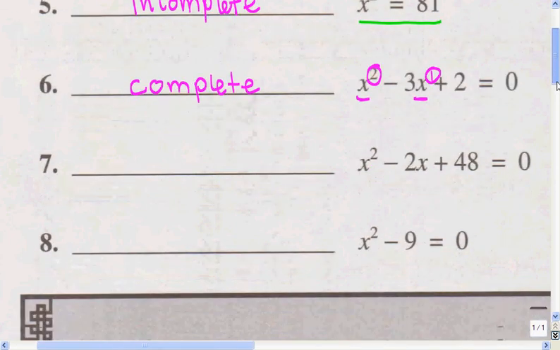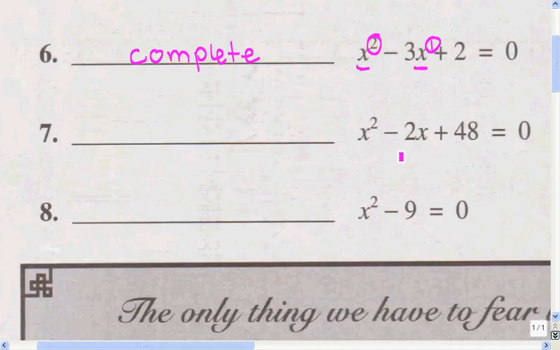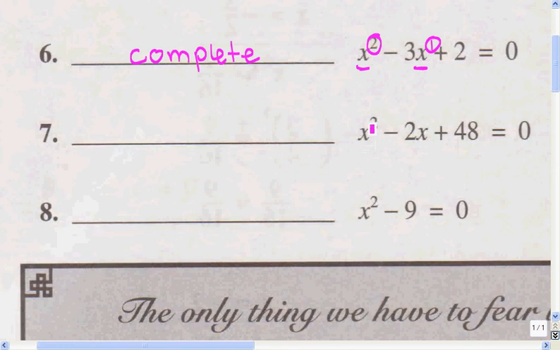Okay. How many variables does this one have? Has 2, right? 1, 2, x and x, has a 2 exponent and a 1 exponent, just like the top one.